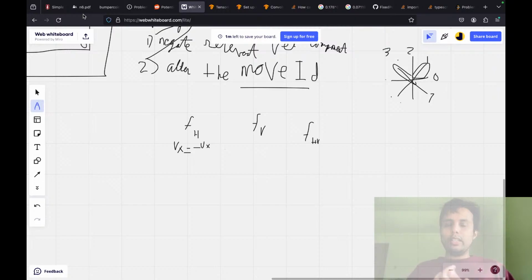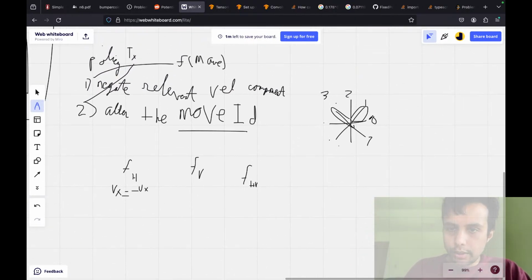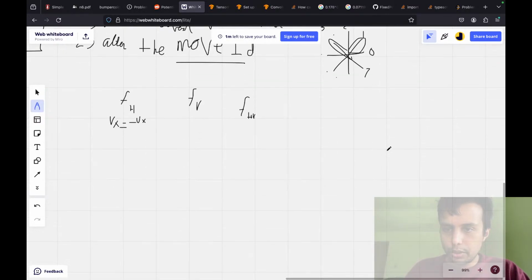Let's map it and see if we can come up with a formula, right? So again, let's just redraw this. Where does 0 go to? If the coin is launching this way, then when we flip it horizontally, it'll launch this way, right?